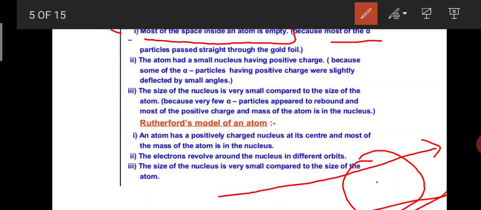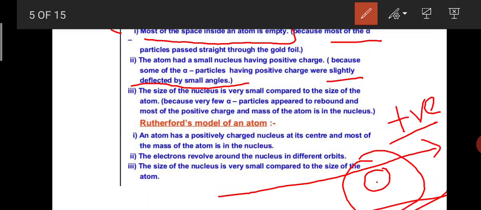Next, some alpha particles were slightly deflected by a small angle. Why? Because an atom has a small nucleus, and this nucleus has a positive charge. That's why some alpha particles, having positive charge, were slightly deflected by small angles.